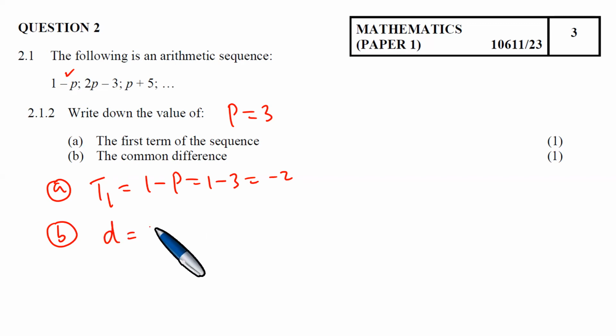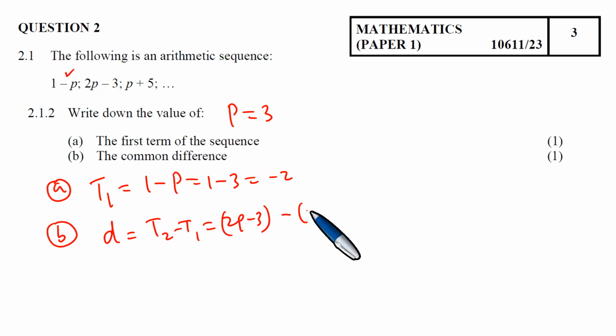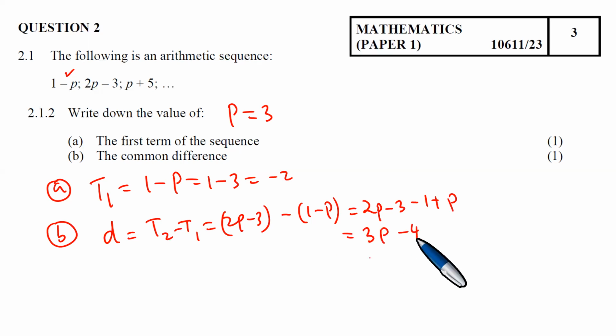In part B, we want the common difference. We have already said the common difference is the second term minus the first term. What is the second term? It is 2p minus 3, minus term 1, which is 1 minus p. So it is twice p minus 3 minus (1 minus p), which means it is 3p minus 4.